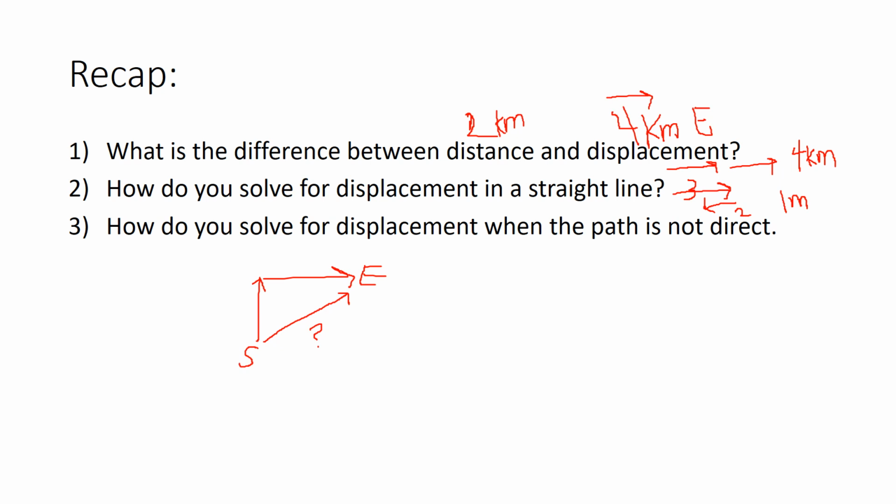So say this has a number and this has a number, we want to know this one. That's when we would use a squared plus b squared equals c squared, okay?